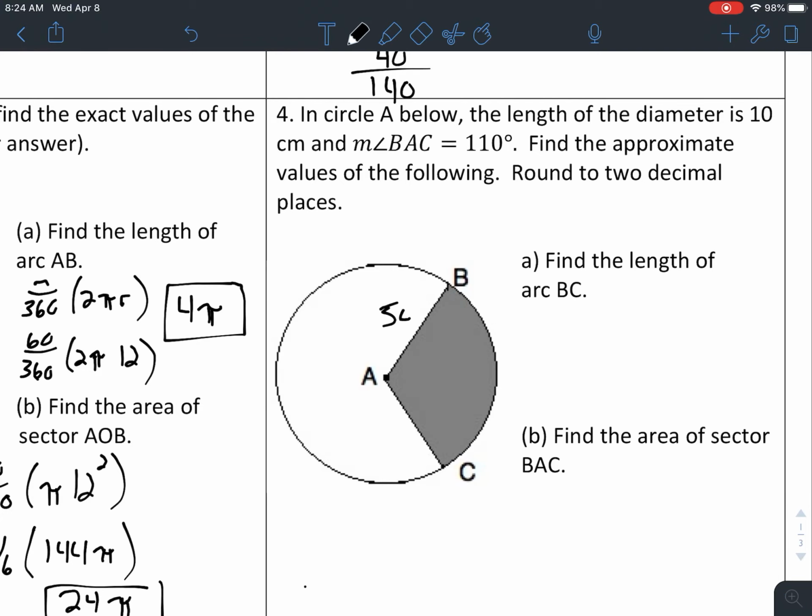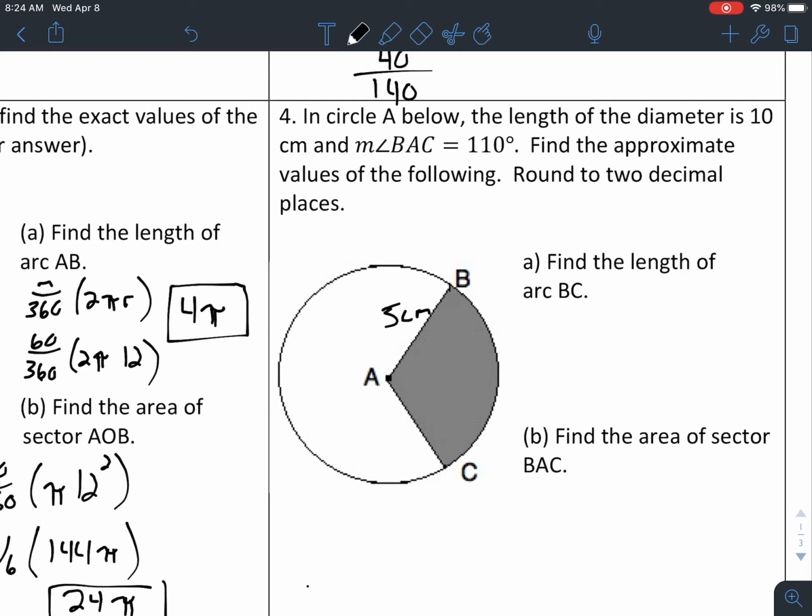So if you can write 5 cm like this there, and then BAC, so the angle here in shaded is 110, they say. Being able to do that right there helps me show that you can do standard 1.1. That's annotating. So right now we just annotated, writing down what the problem says.